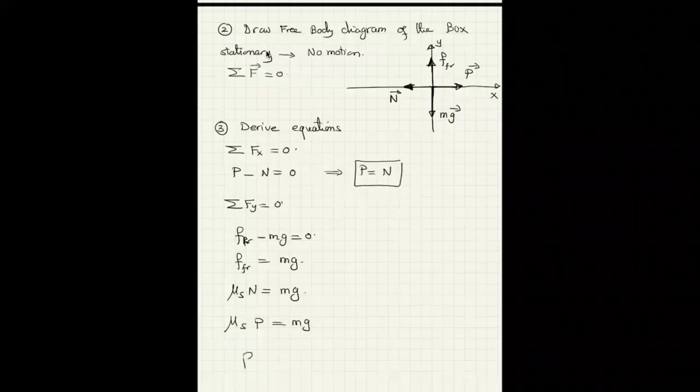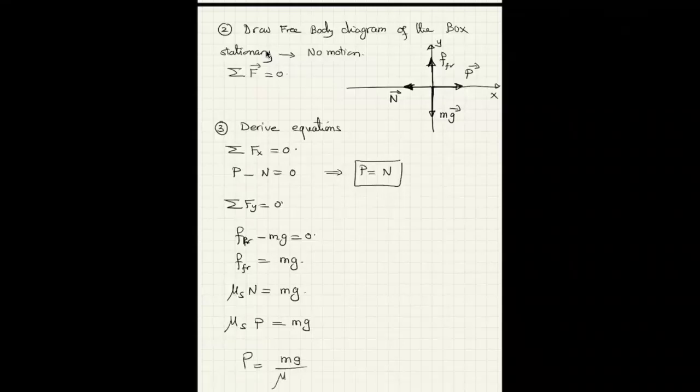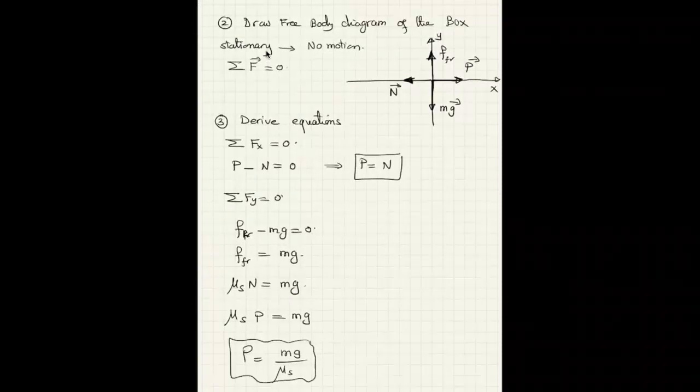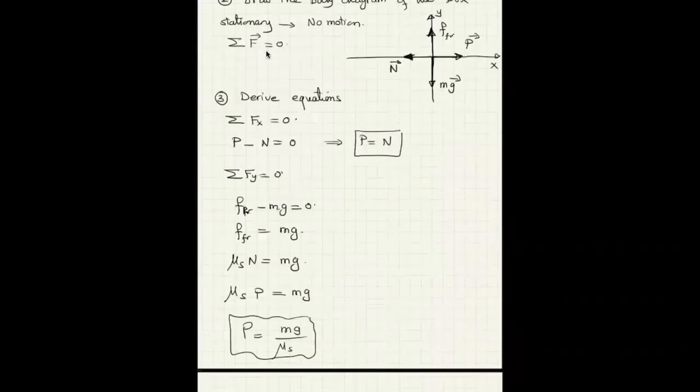Then your push should be mg divided by mus in order to have that textbook or box stationary, not slipping downward.